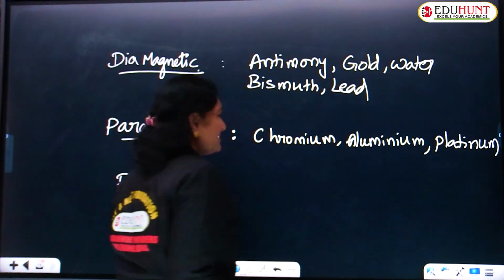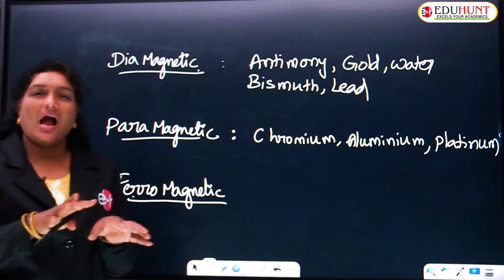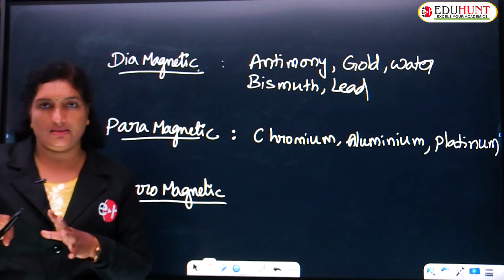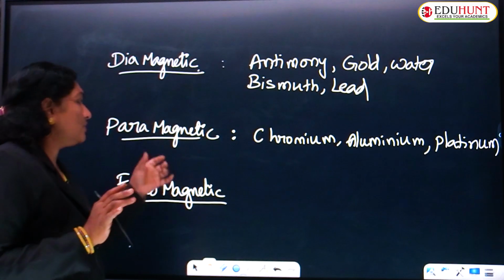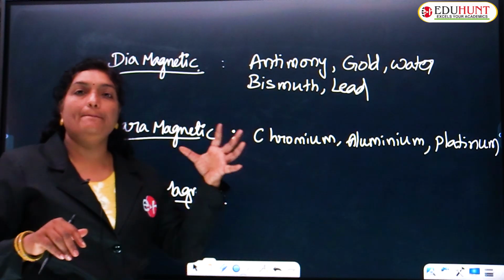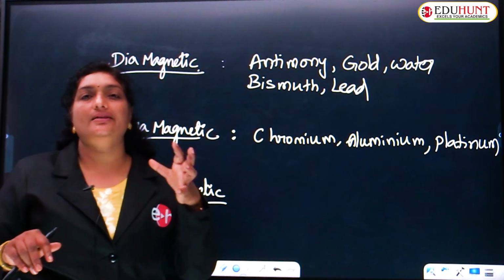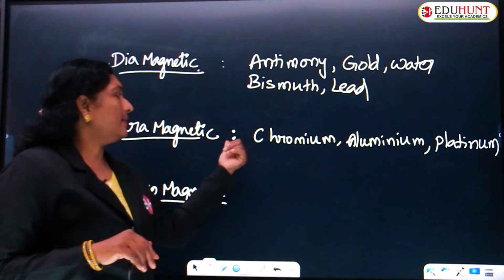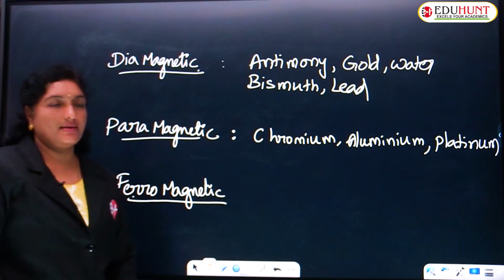They very hardly get attracted towards magnetic substances. So those substances which are partially attracted towards a given magnet are called paramagnetic substances.